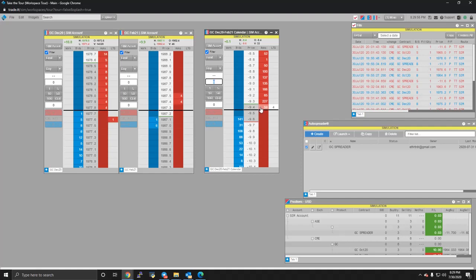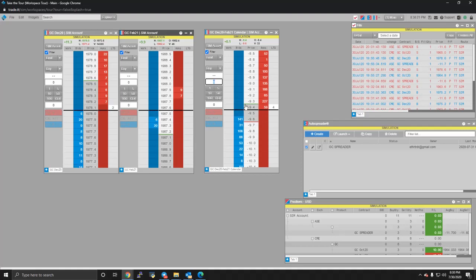So what does that mean? If you're bidding minus 9.6 in this listed calendar spread, conventionally priced, you are attempting to buy the gold December 2020 outright market at a discount to the February 2021 outright market of $9.60 per contract.